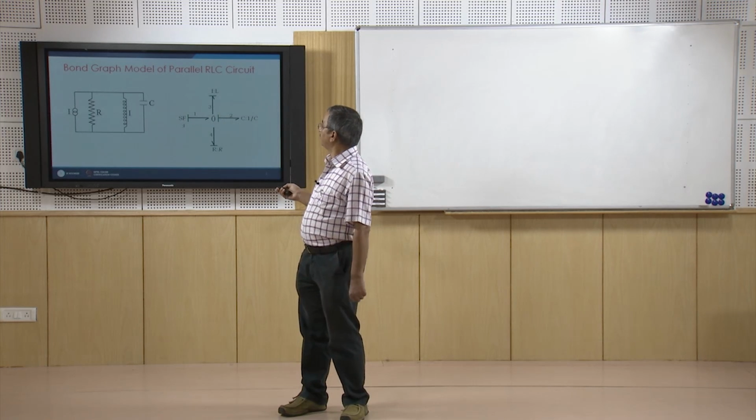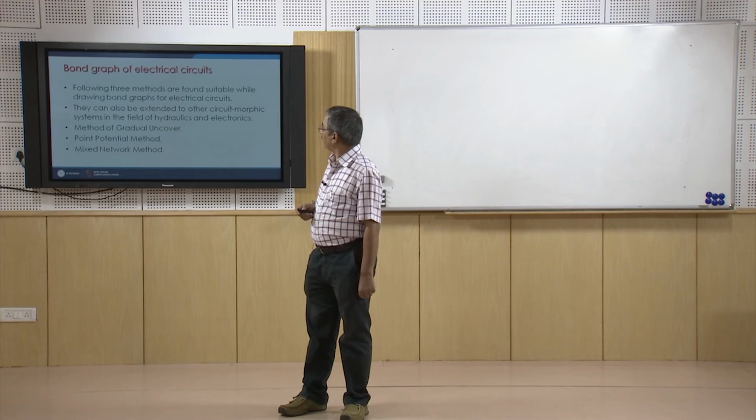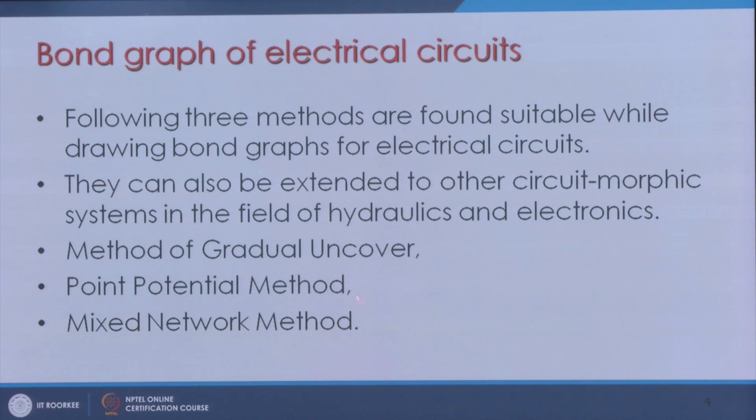So, the bond graph of an electrical circuit: three methods have been found suitable for modeling the bond graphs of complex electrical systems. These methods are the method of gradual uncover, the point potential method and the mixed network method.